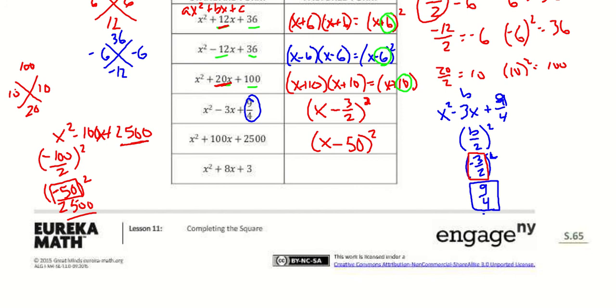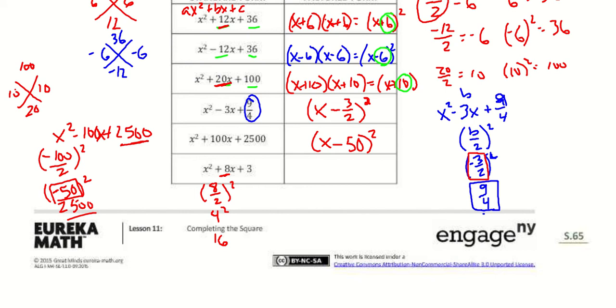Okay, so let's look at the last one. If I look at x squared plus 8x plus 3, the b term is 8, okay? I'm going to do 8 over 2 squared, which is, ready for it? 4 squared, which turns into 16. So this is not a perfect square, but I can write it as a perfect square, okay?